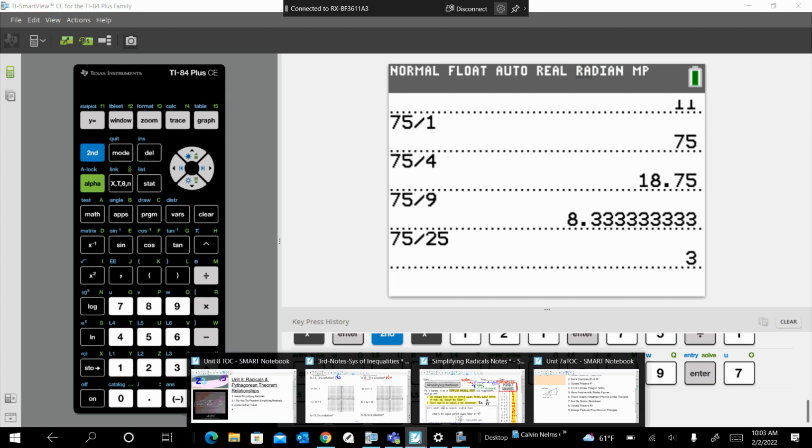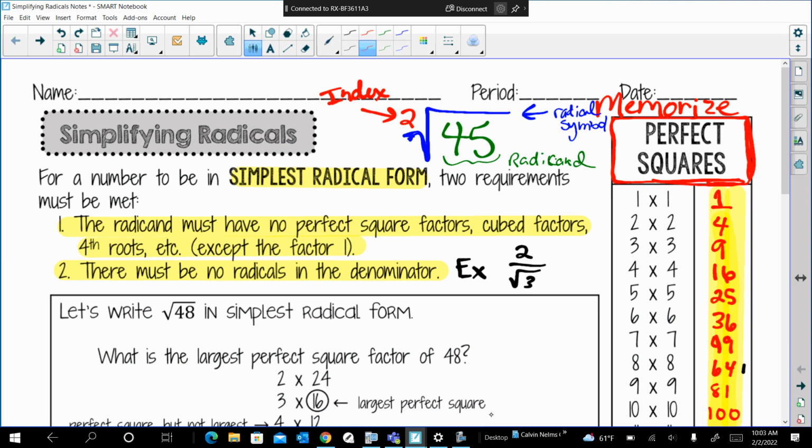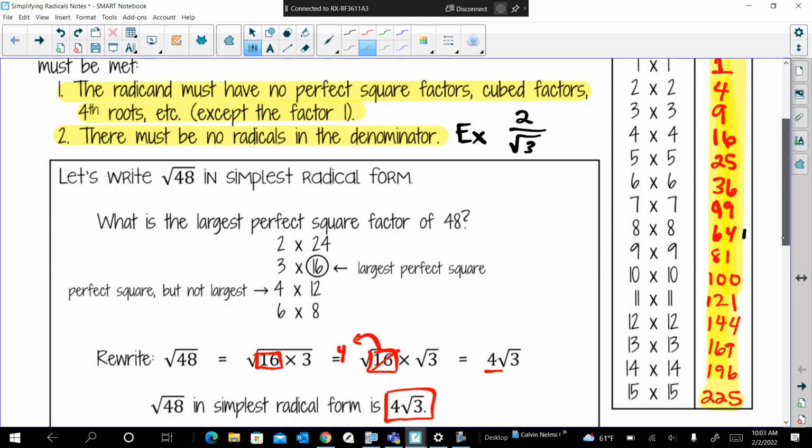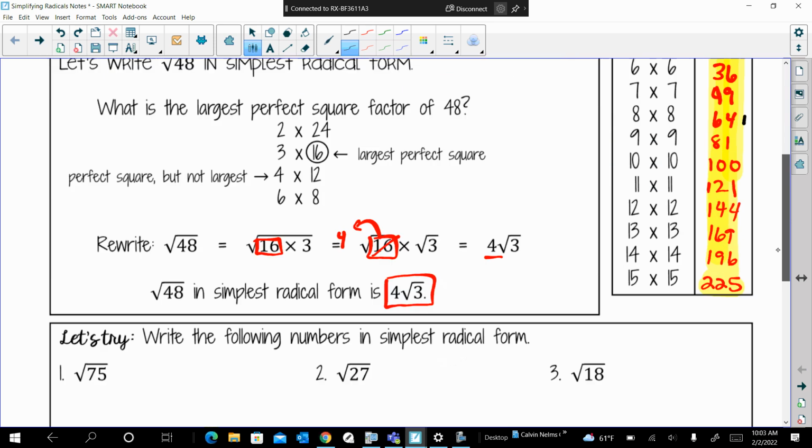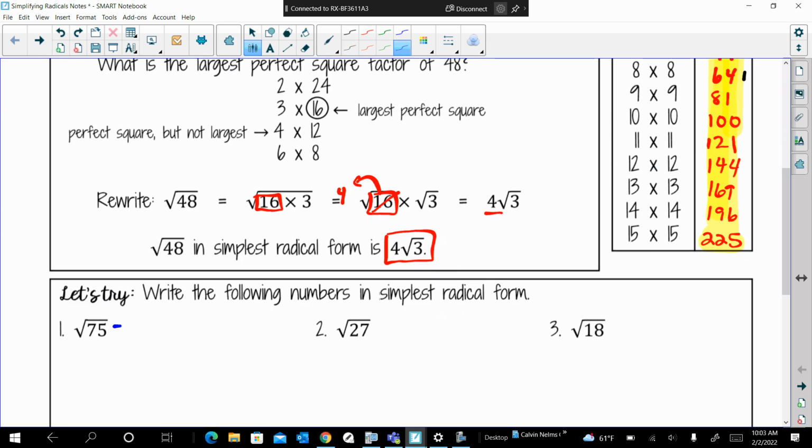So this is how I write it. I show those factors. I'm going to put an equal sign, and I'm going to put a square root, and I'll put the factors underneath that square root that gave me the 75: 25 times 3. I'm now going to square or put a box around the perfect square number. That's the 25.